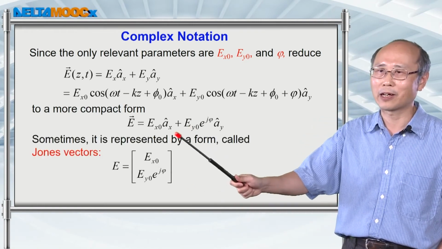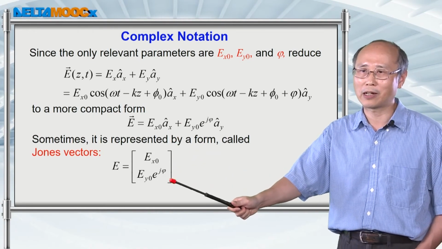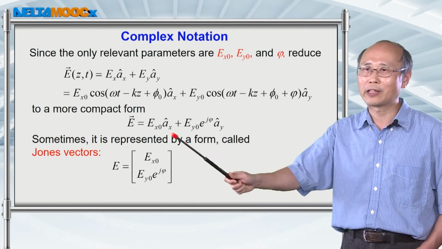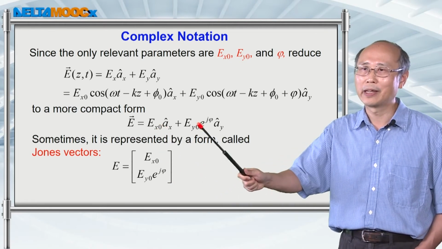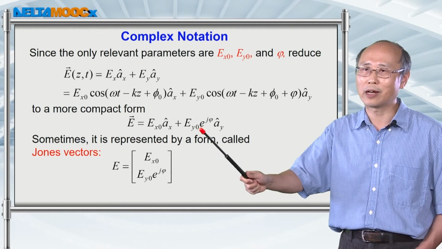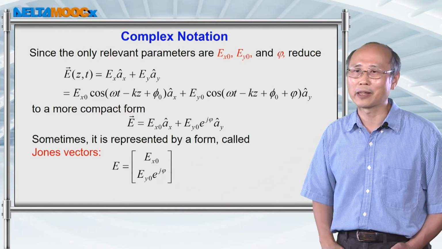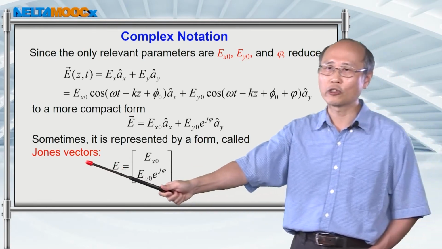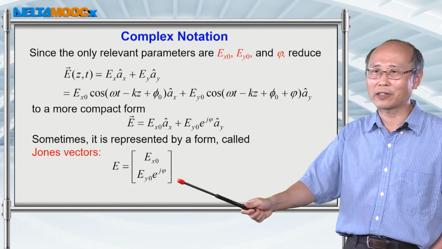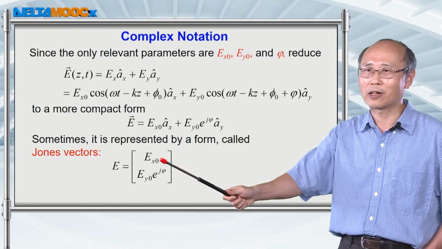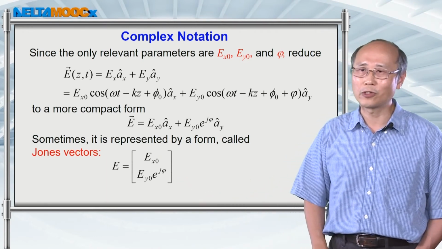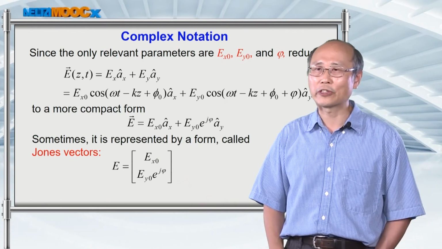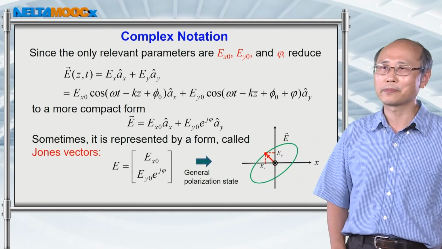And sometimes we express this by using a column vector, and just keep the x component of the amplitude as a first element, and then keep the y component of the electric field as the second element. And we call this the Jones vector, because in this vector you already keep all the relevant parameters. So this is already sufficient to define a polarization state of the wave.